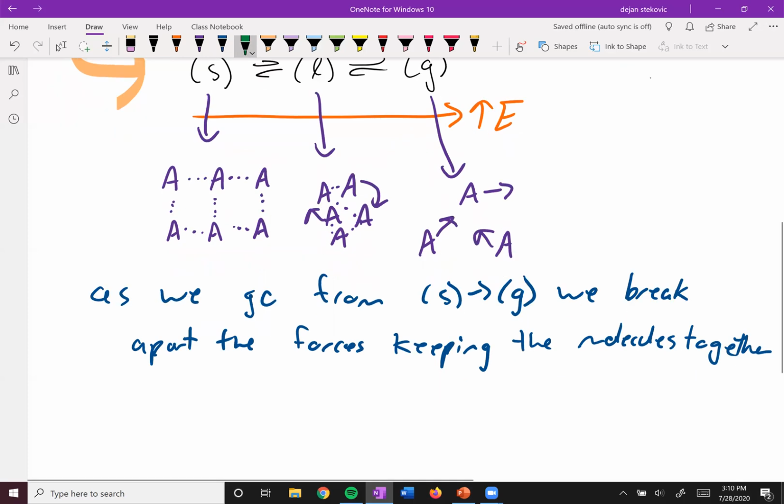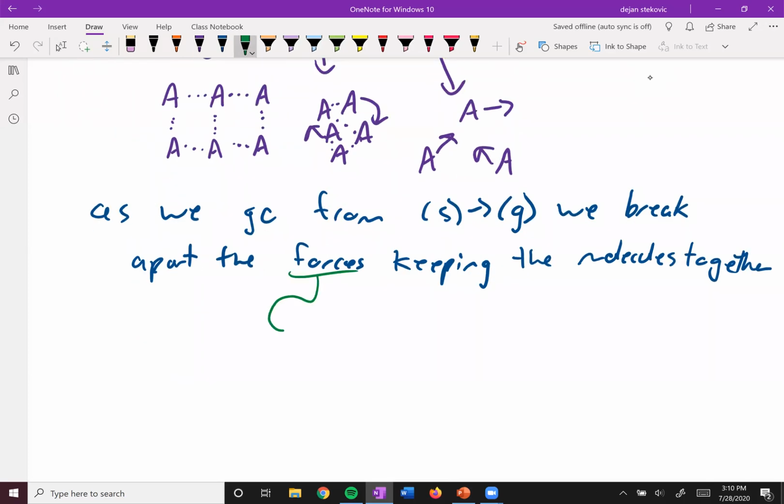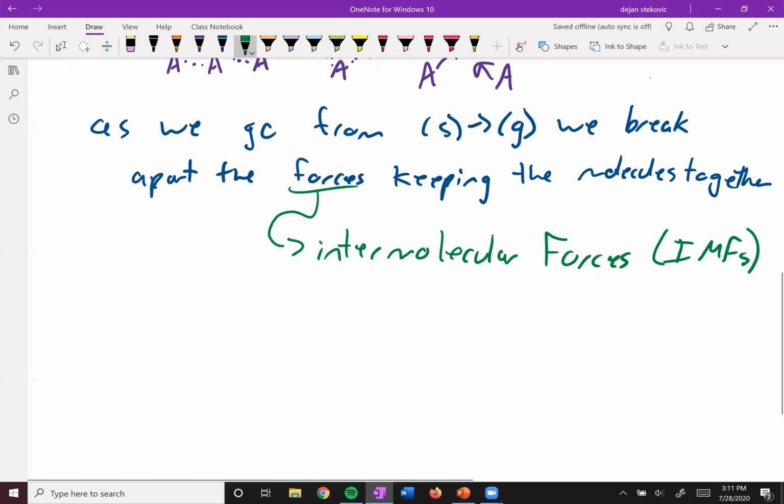And these forces that are keeping the molecules together are referred to as intermolecular forces, or IMFs, right? Intermolecular forces, forces in between molecules.